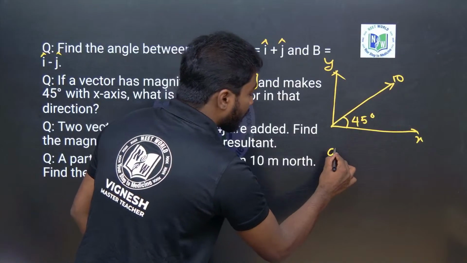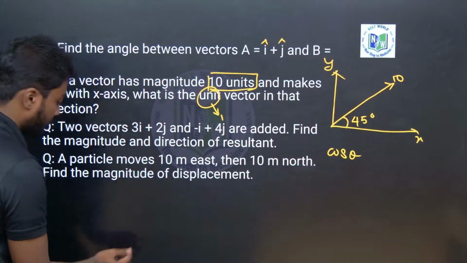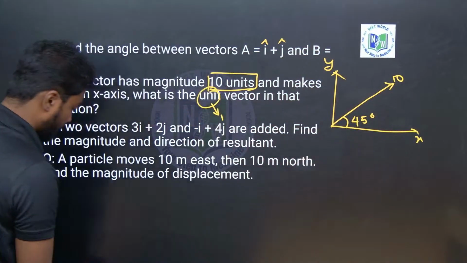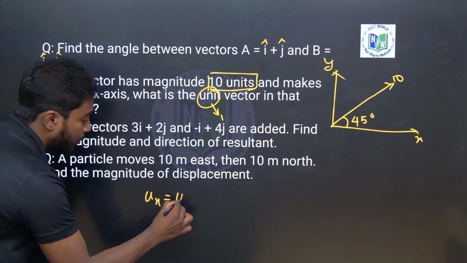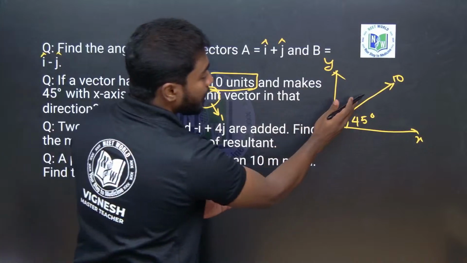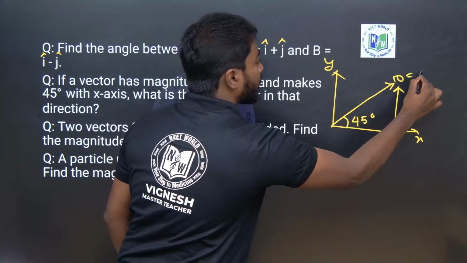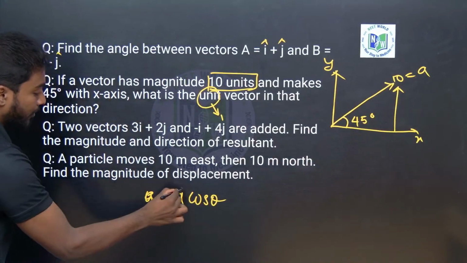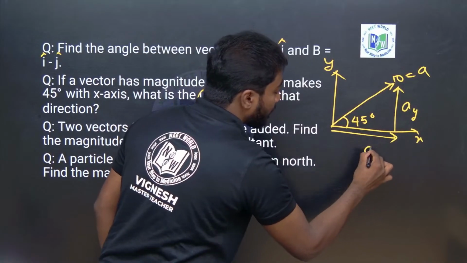Let me write ux equals u cos theta. When I take the components, let me consider this is ay and this is my ax.